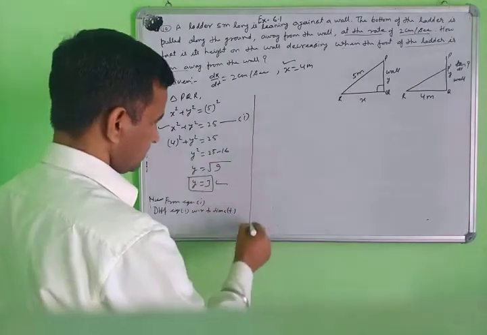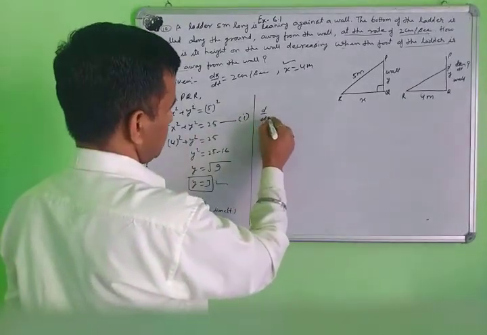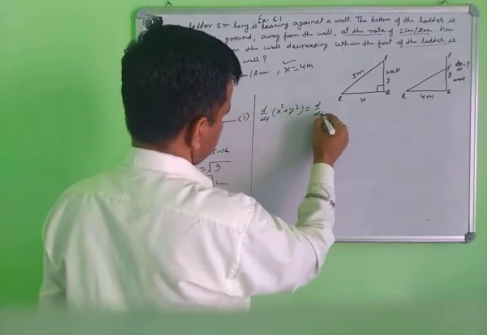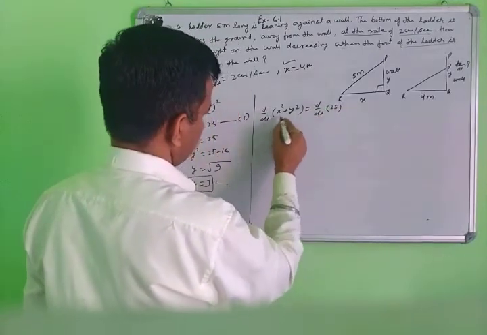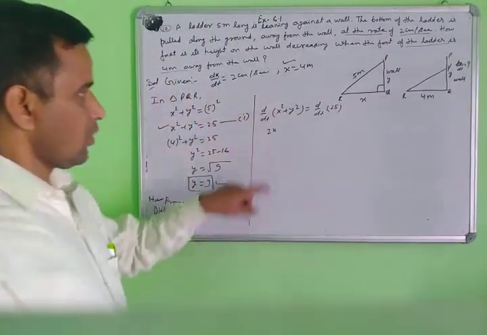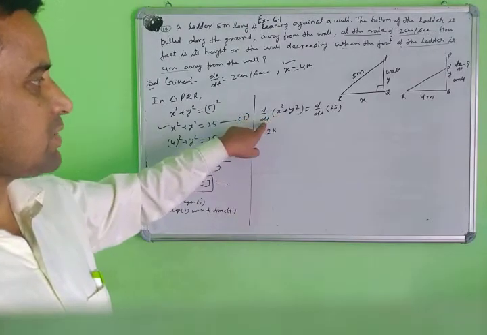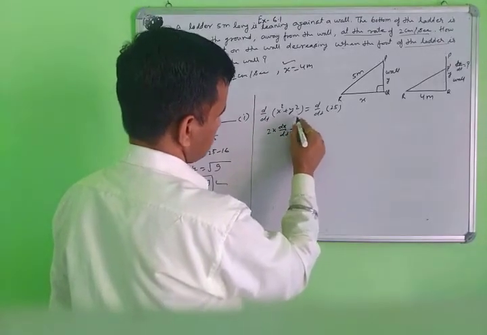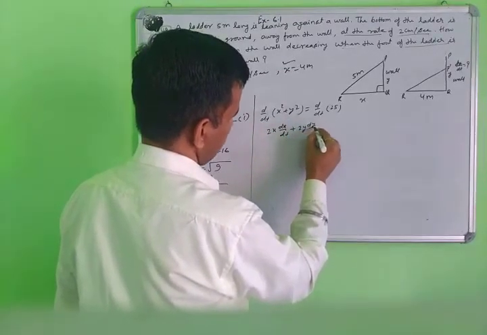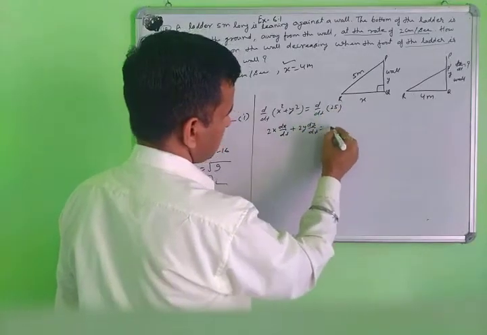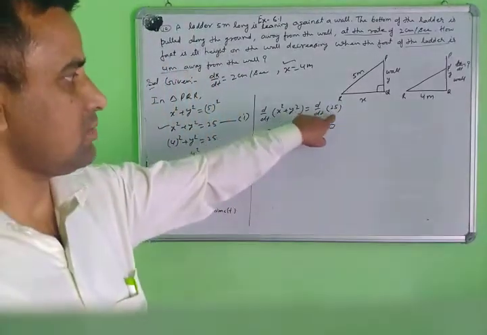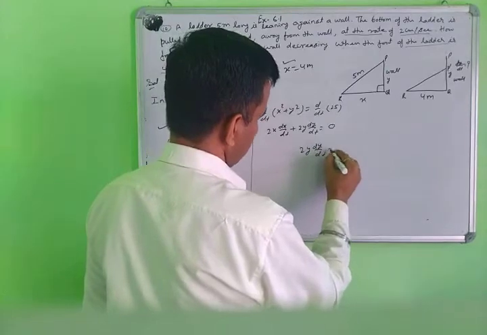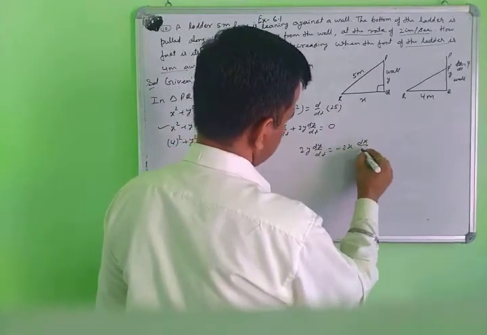So d over dt of x square plus y square equals d over dt of 25. Differentiating gives 2x dx over dt, as x is a variable with respect to t. Plus similarly 2y dy over dt. Since 25 is a constant, the result is 0. The differentiation of a constant is 0. Now 2y dy over dt equals minus 2x dx over dt, transposing to the right side.